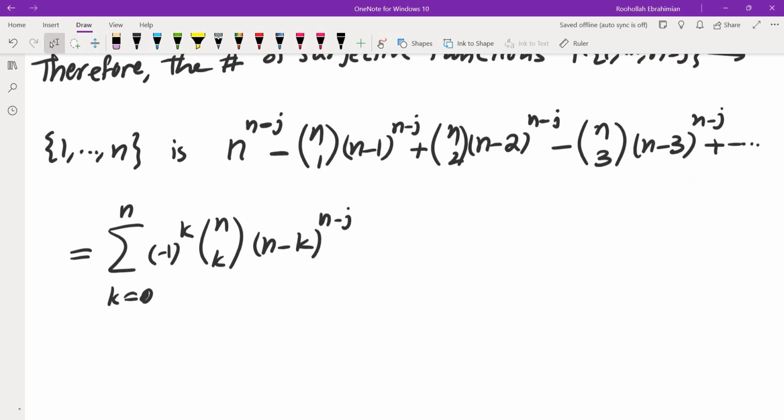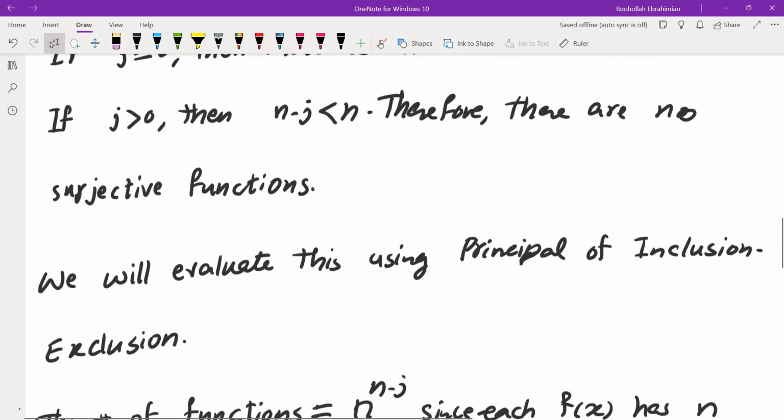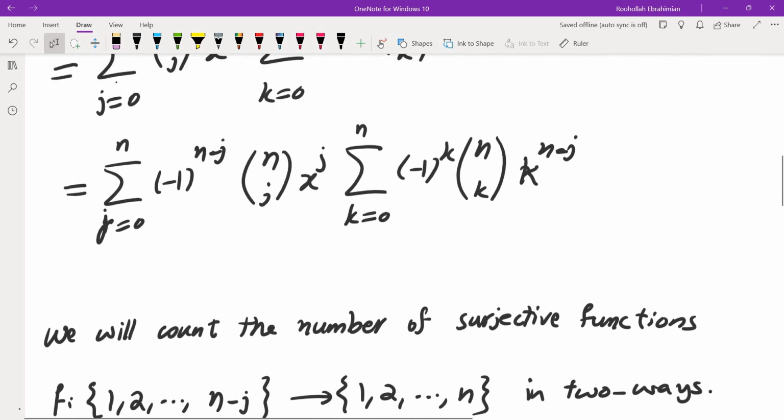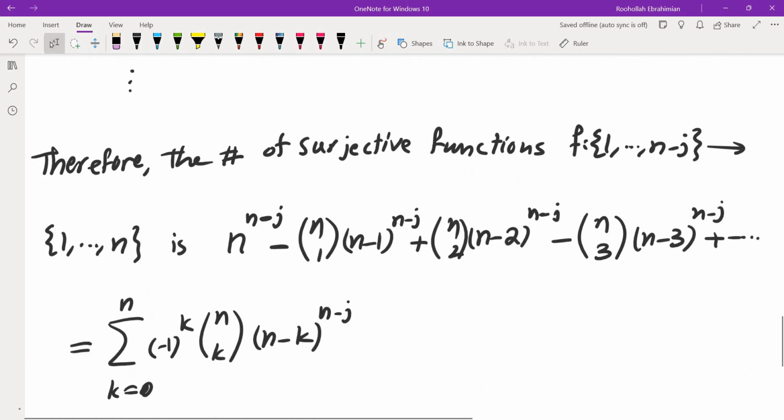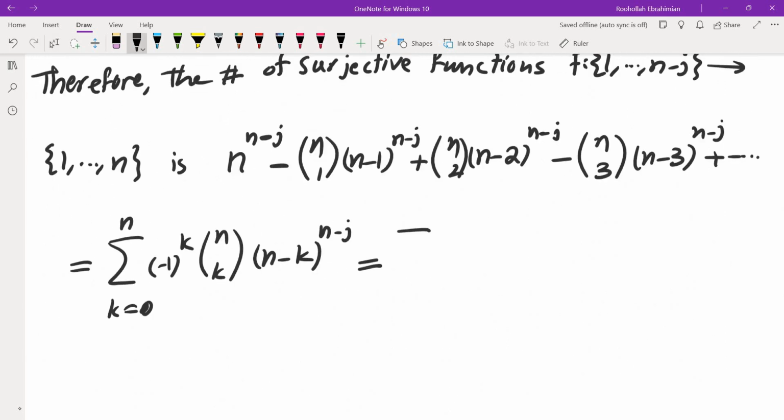It is not quite the same as what we had. Let's go back and take a look. What we had here was n choose k, k to the power of n minus j. However, n choose k and n choose n minus k are the same. So I can write this one down as k equals 0 to n. I'm going to replace k by n minus k.